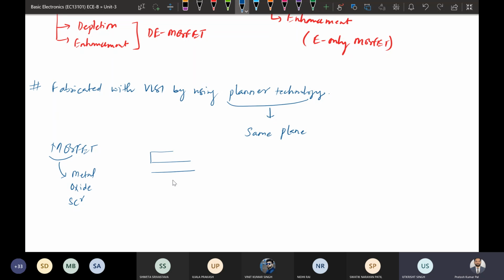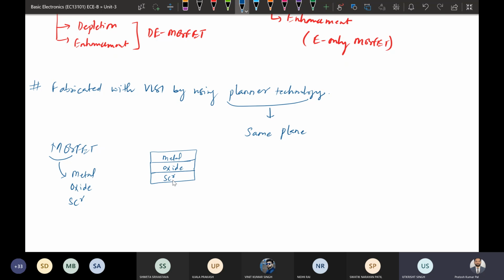If this is the first layer, this is the second layer, and this is the third layer, then it will be metal, oxide, and semiconductor.